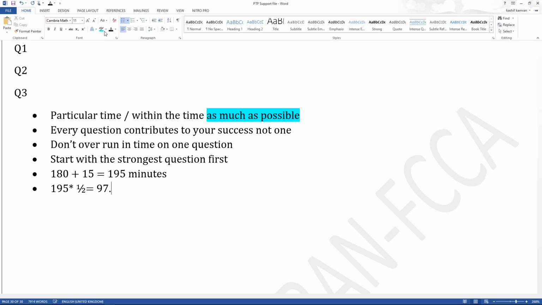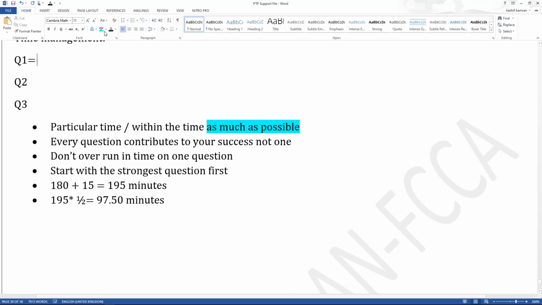Okay, 97.50 minutes. The 97.50 minutes should be spent on what? Question number one. So the ideal time for question number one is 98 minutes. Round it off. 98 minutes.